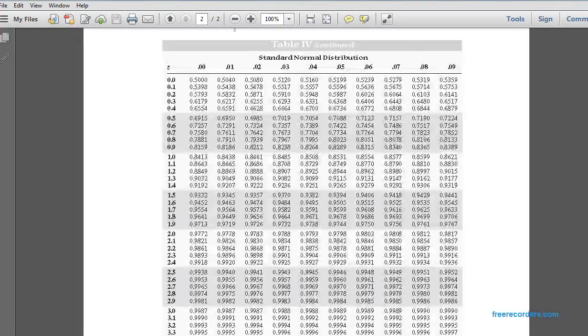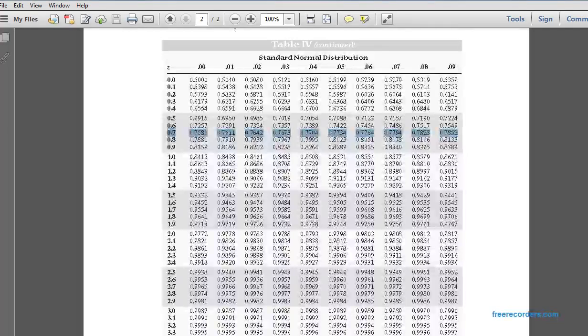However, since the first decimal place is 0.7, we're going to use the 0.7 row, and then we're going to move to the right in that row until we're under the 0.09, which is the very last column. So you get your first digit from the left column, you get your second digit from the top row.